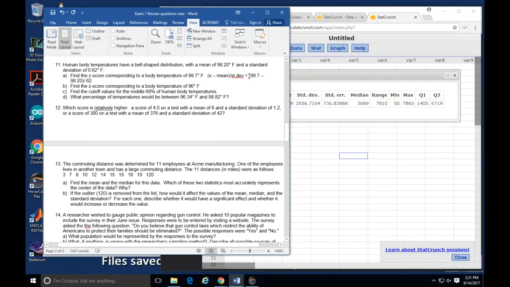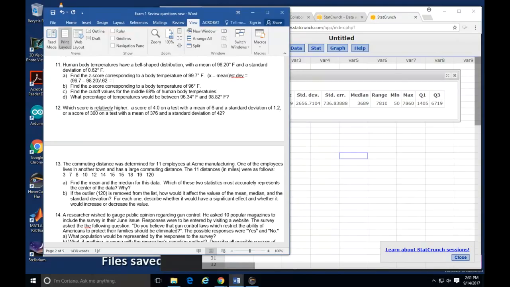It's really important on these that you do this in the right order. That's why I put the parentheses in here. If you put it in your calculator without the parentheses, it's actually going to give you the wrong answer. You have to take the 99.7 minus the 98.2 first, and then divide that answer by the 0.62.